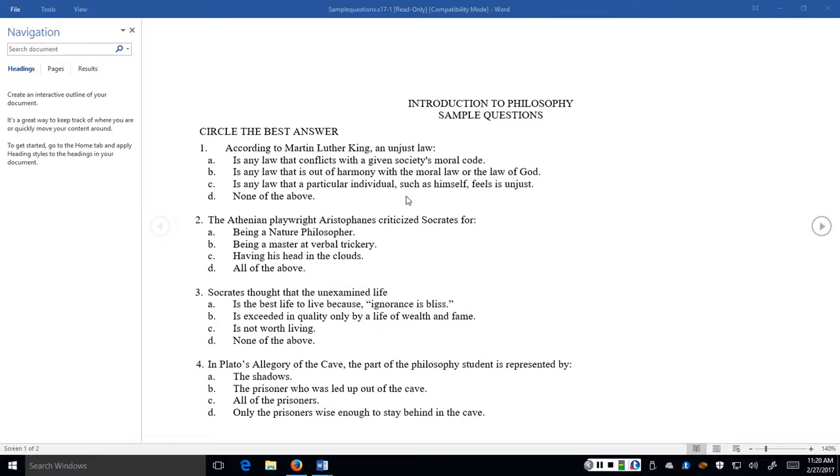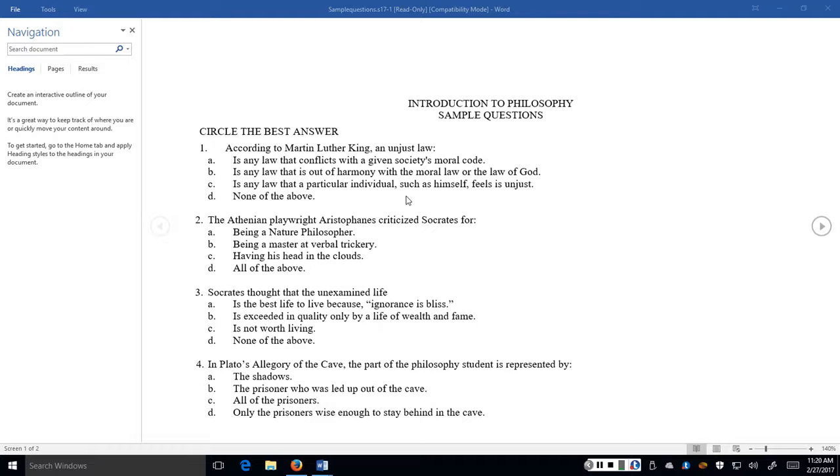Okay, but you want to eliminate options. Okay, so number 4, in the allegory of the cave, the philosophy student is represented by A. Anybody? Nobody had A, right? Pretty obviously not A. What about B, the prisoner was led up out of the cave? What about C, all the prisoners?